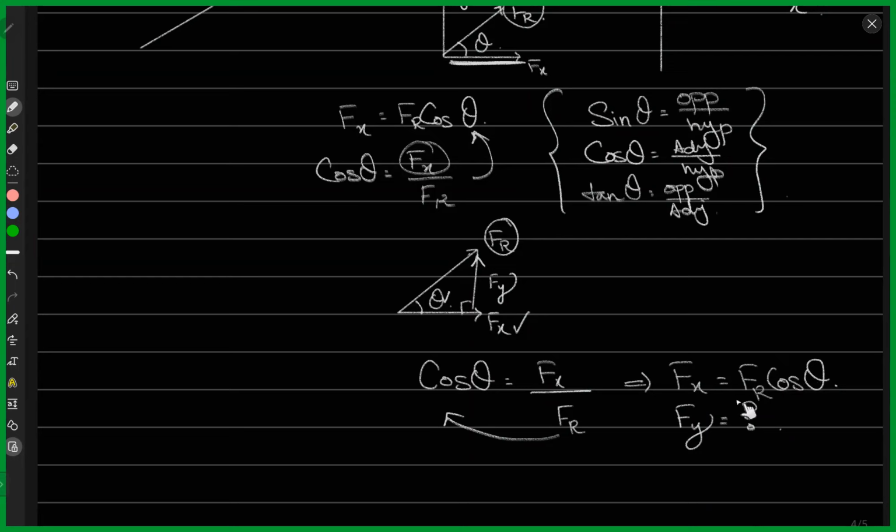So now, can you tell me what would fy be in terms of the resultant force and the angle theta? Using the methods of mathematics, the methods of triangles and trigonometry, right? That's a hint. Can anyone tell me what would be fy? Any guesses?